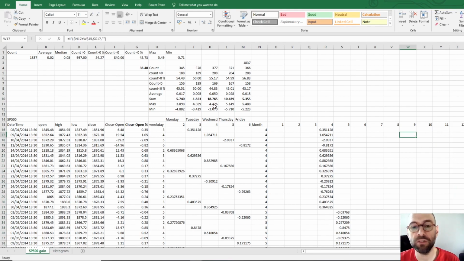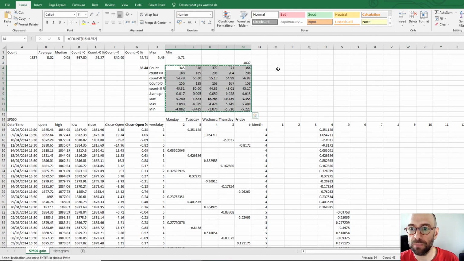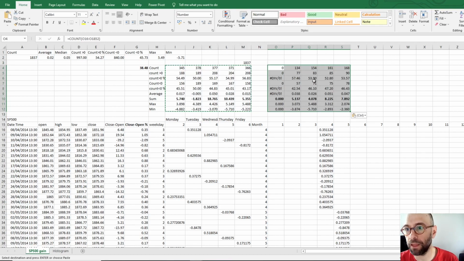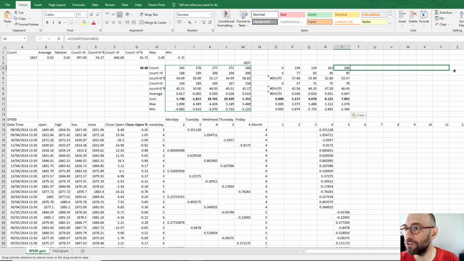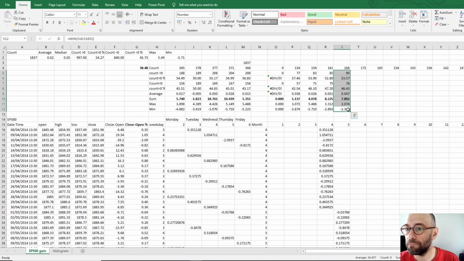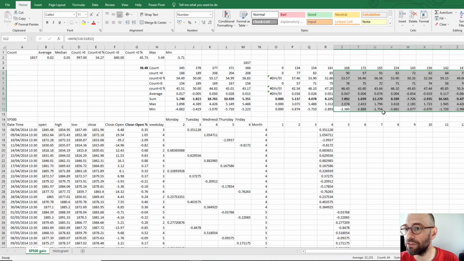And as we did with the weekdays, we could do the same for the month. We don't have to, we can just copy paste the formula and get it done there. So we just extend it to include the rest of the days, and there we go.